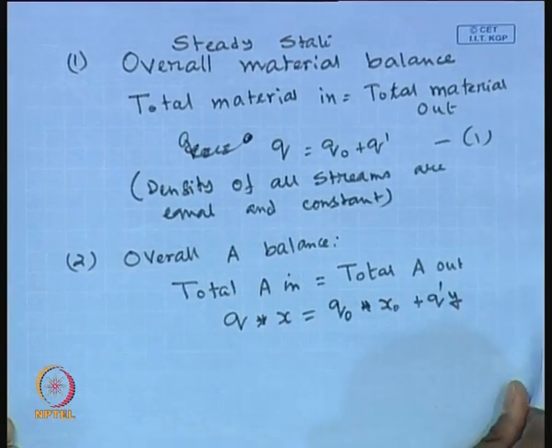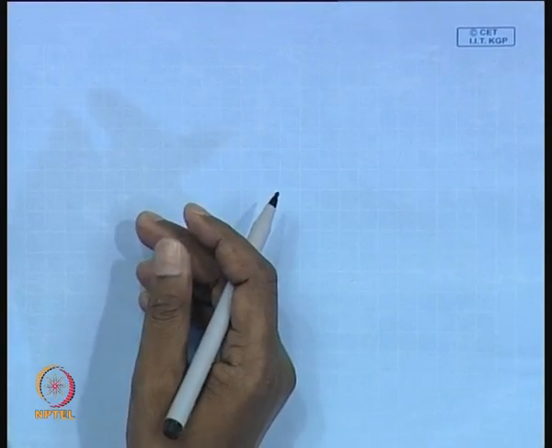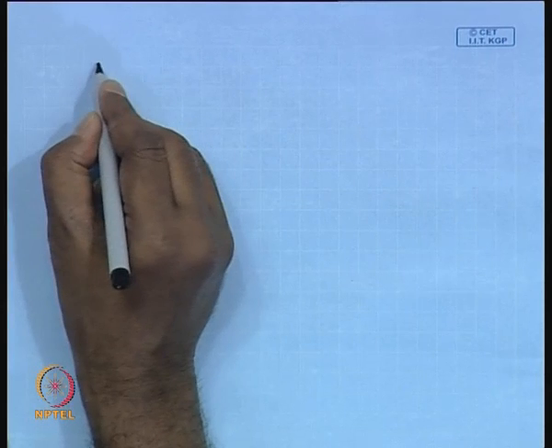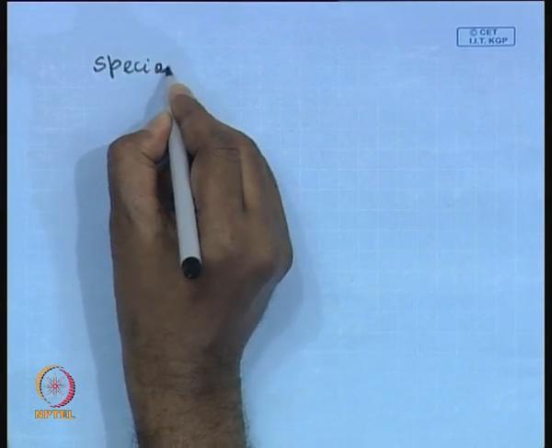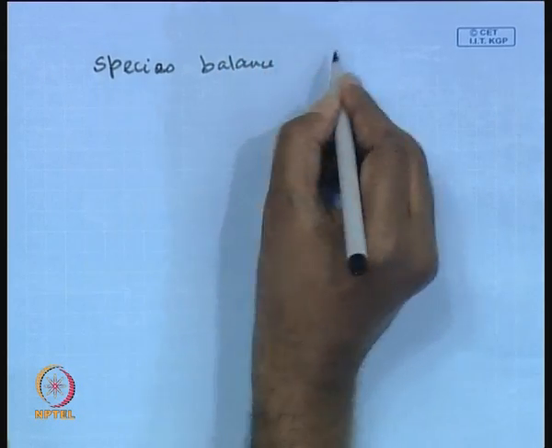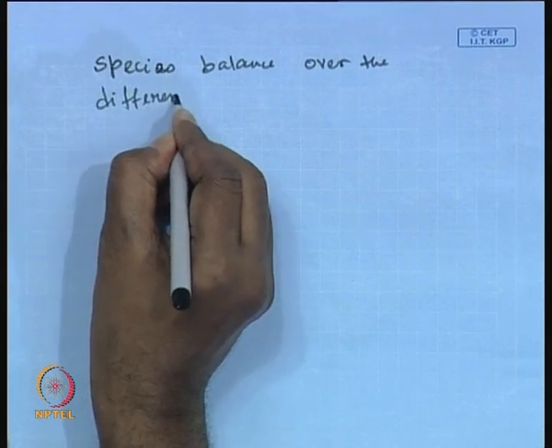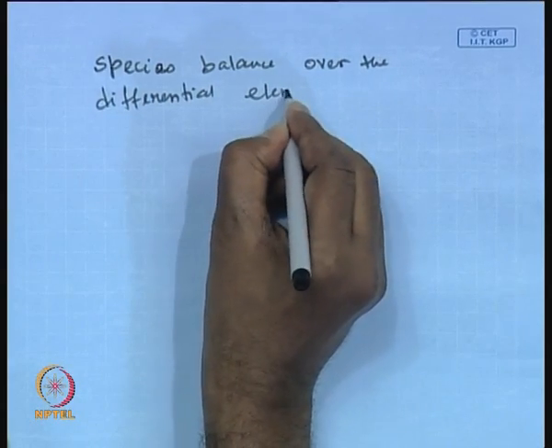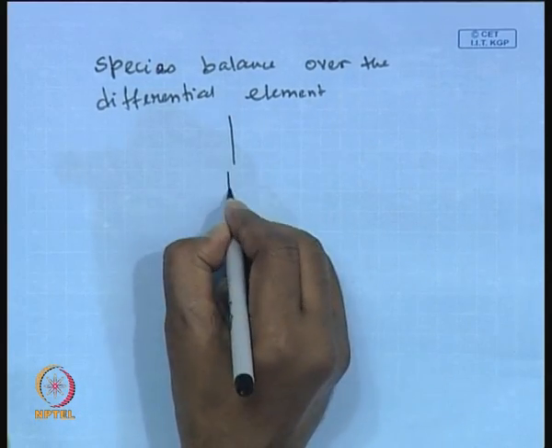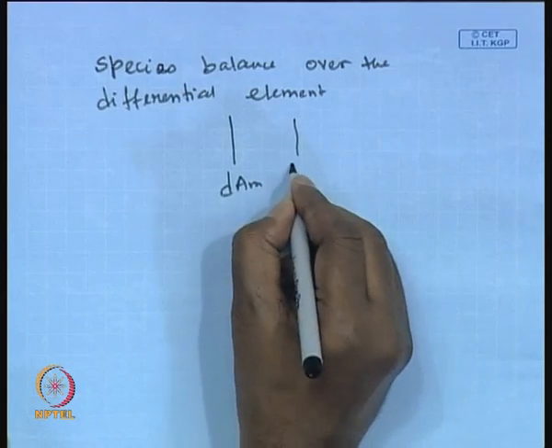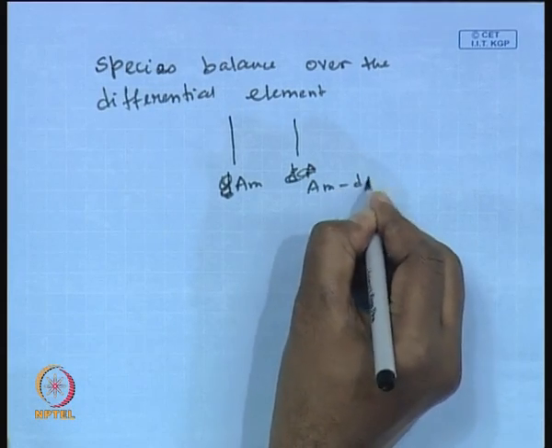Now, whatever we have done till now over the element, we are doing the overall balance. Now, we can do the differential species balance over the differential element. What is the differential element? Differential element is between Am and Am minus dAm.